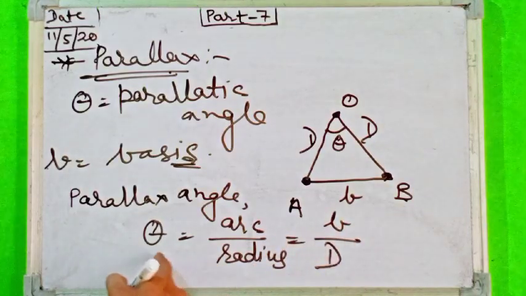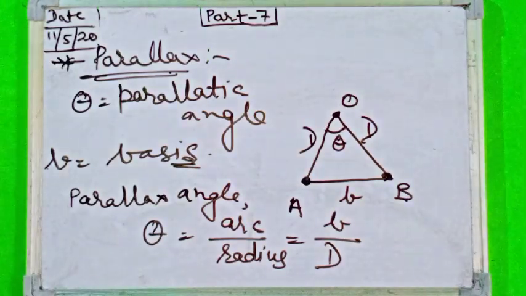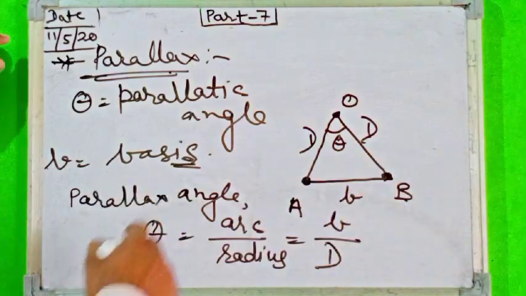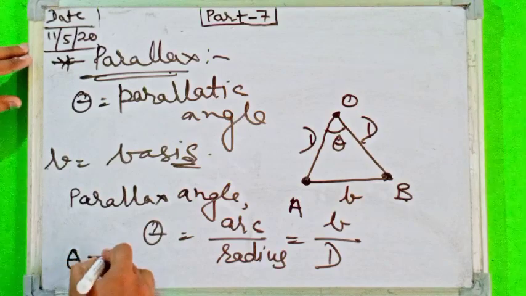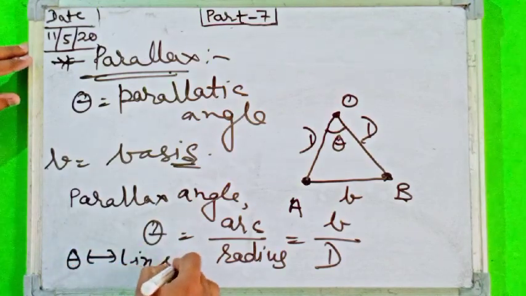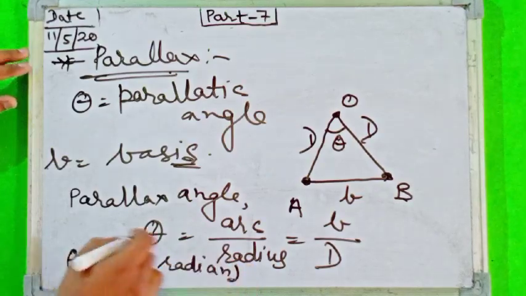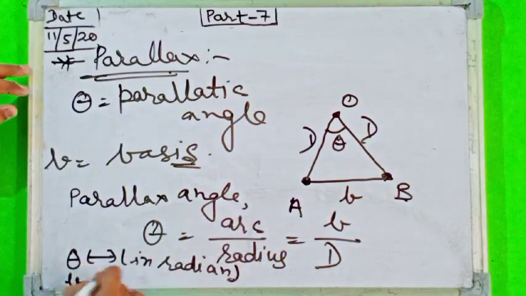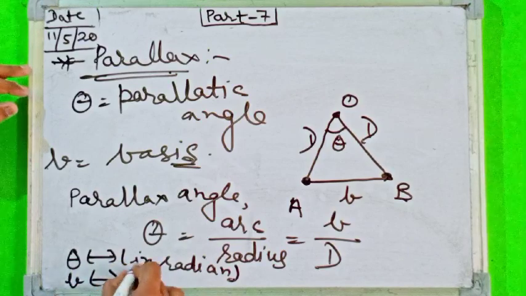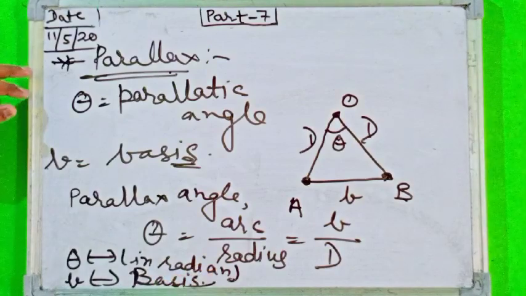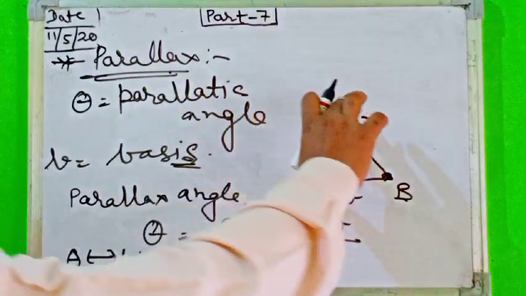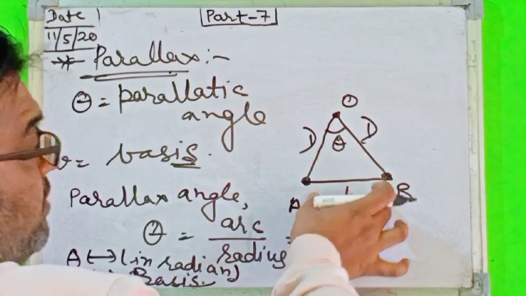So by knowing the value of the basis B, and measuring the angle theta in radians, that is the basis or separation, if you know these two things, then you can calculate the distance between the observatories and the object.